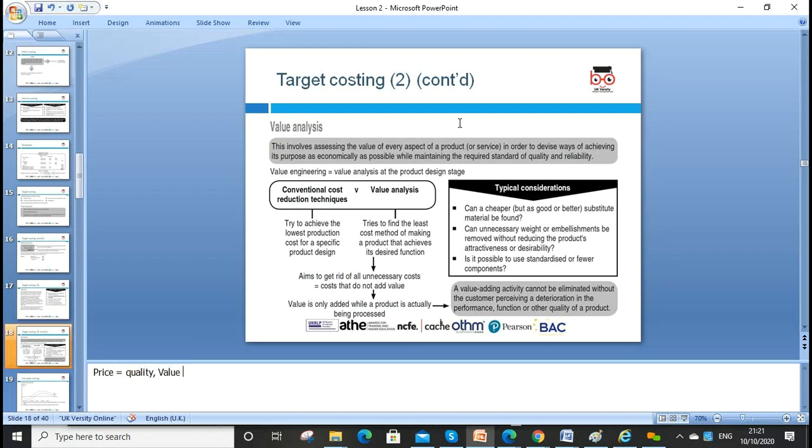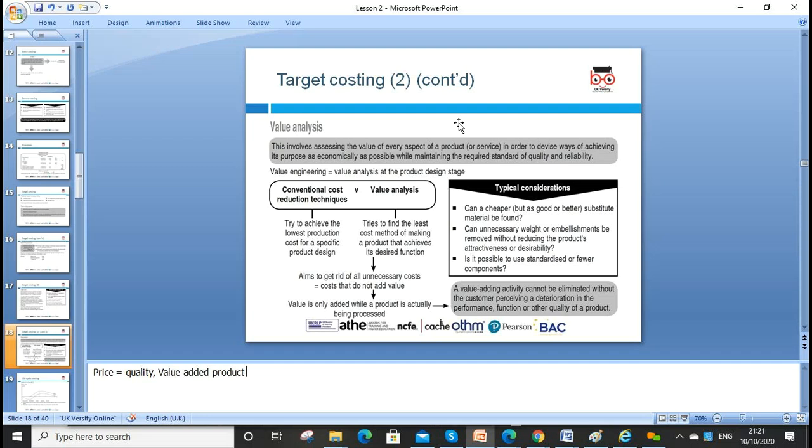You may have heard about value added products. Yes, we need to make sure we do that. Conventional cost reduction techniques try to achieve the lowest production cost for the specific product design. Value analysis tries to find the least cost method of making the product that achieves the desired function.